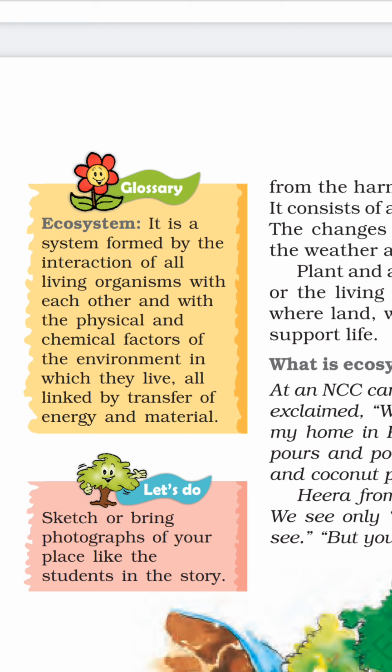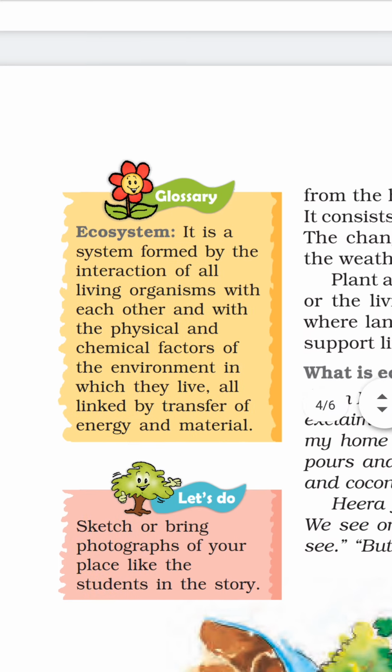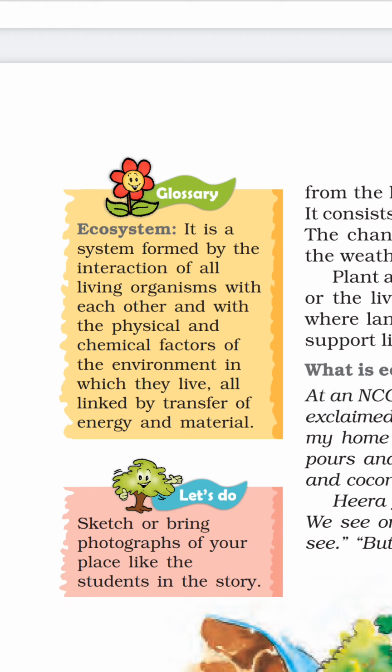This is called an ecosystem. An ecosystem is a form of surrounding area. In that surrounding area, each and every living organism interacts with each other, and their physical and chemical factors also form this environment, and they share energy.